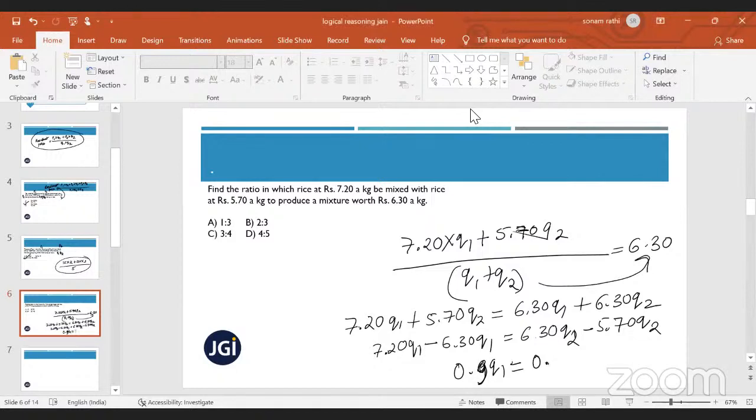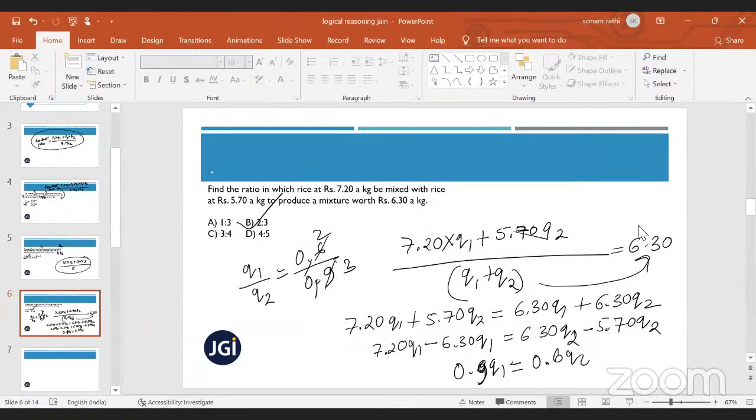Equals to 0.6 Q2. Okay. And Q1 upon Q2 is equals to 0.6 upon 0.9. So 2 by 3. Right?